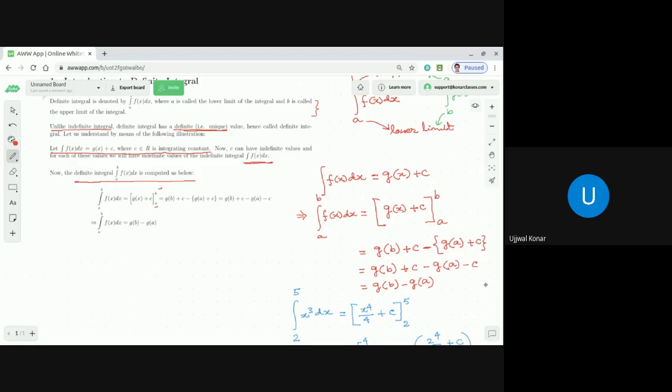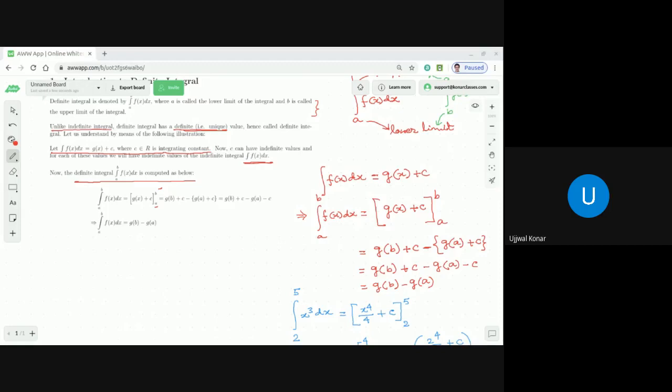exactly whatever I have done on the right hand side, so that whenever something is printed you may think that it is better if sir writes by hand and it will be well understood. So the integration from a to b of f(x) dx is equal to g(b) minus g(a). So this g(b) minus g(a) has a specific value, I repeat, correct or not?